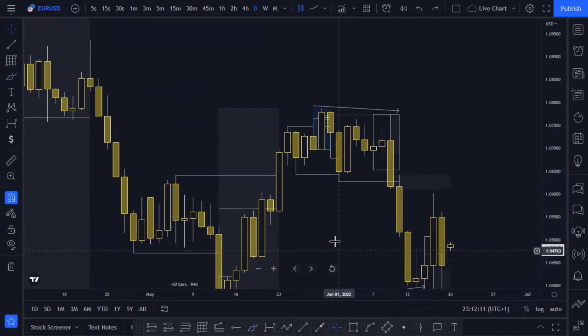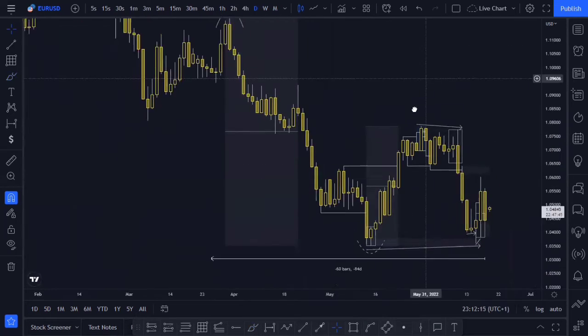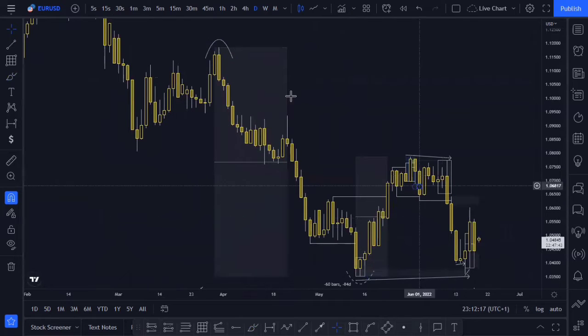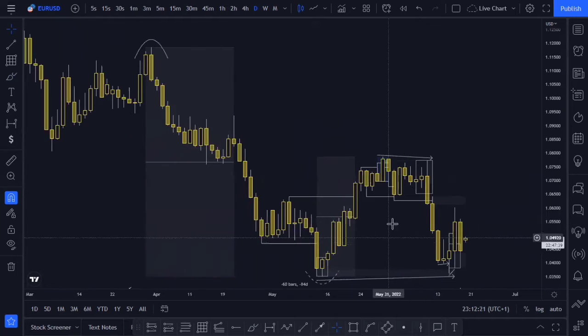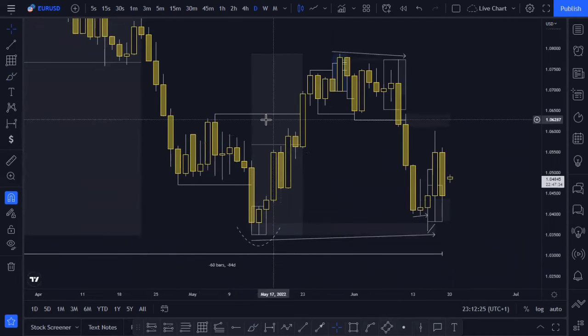So looking at this whole range, we have bearish structure and bearish order flow in the market. But when we look at it from here, we are not really bullish, because it's not confirmed yet. We need to see that higher low confirmation and then a higher high for us to see that we are bullish. So we are still bearish but kind of bullish. I don't know if you understand.